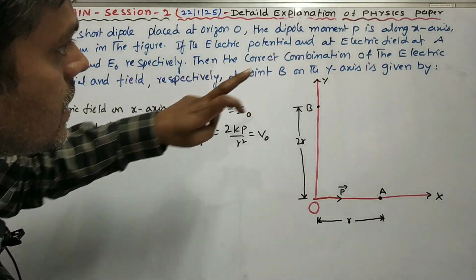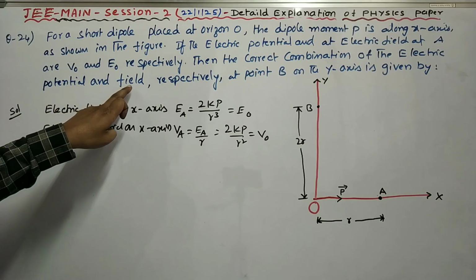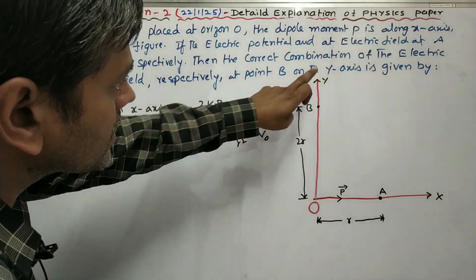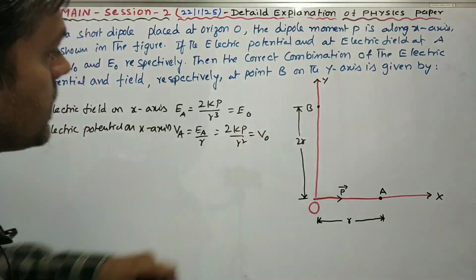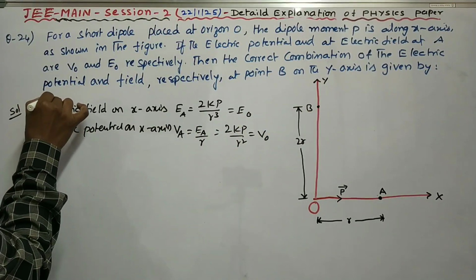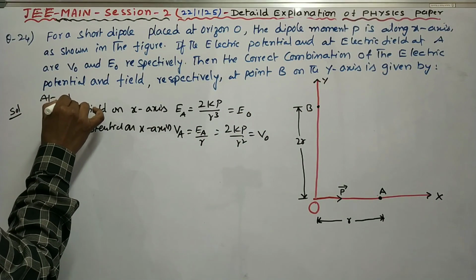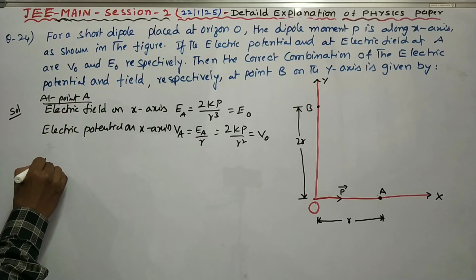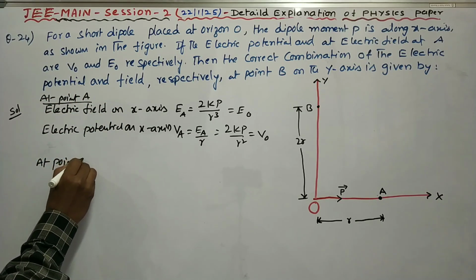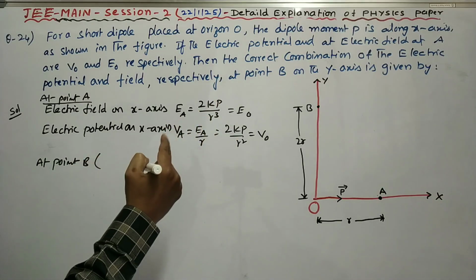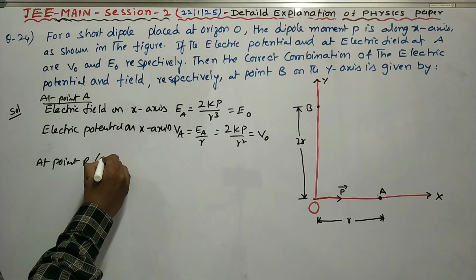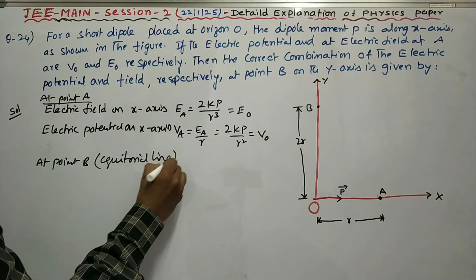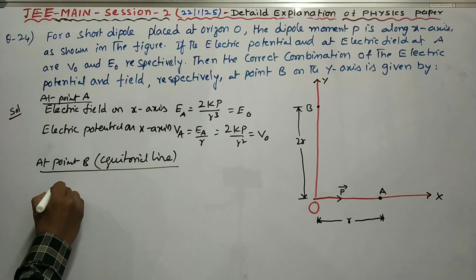Then the correct combination of the electric potential and field respectively at point B on the y-axis is asked, while these two are at point A on the x-axis. Now point B lies on the equatorial line.